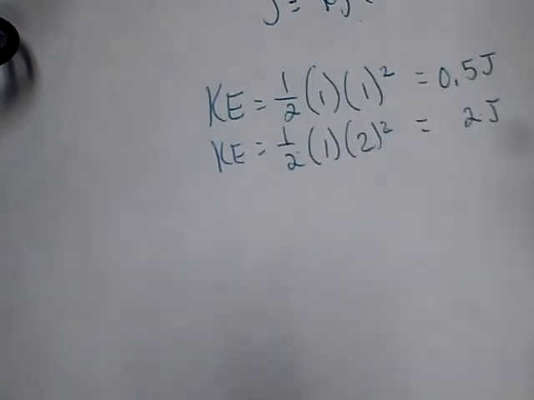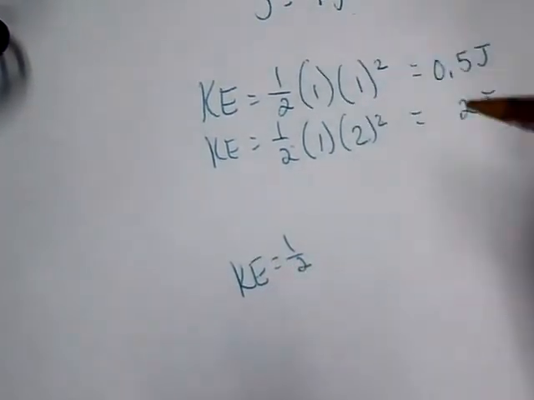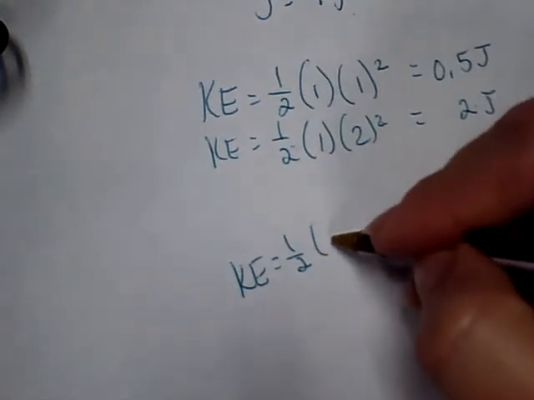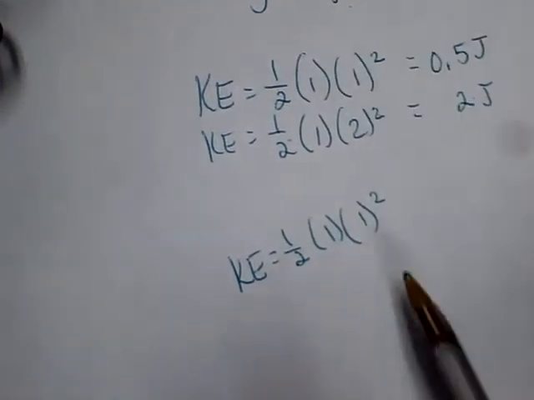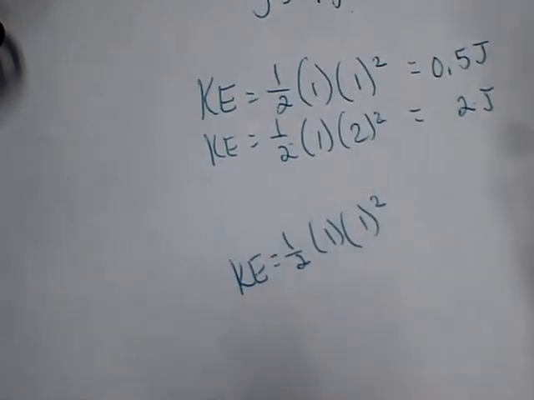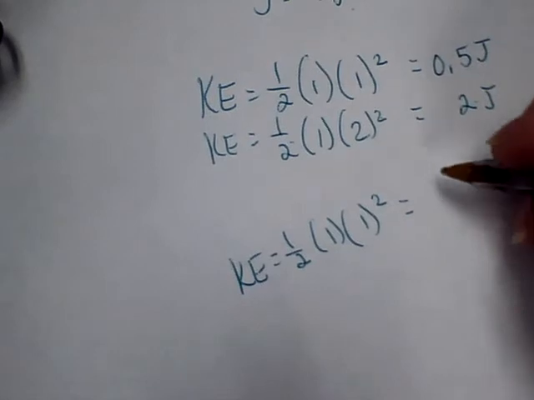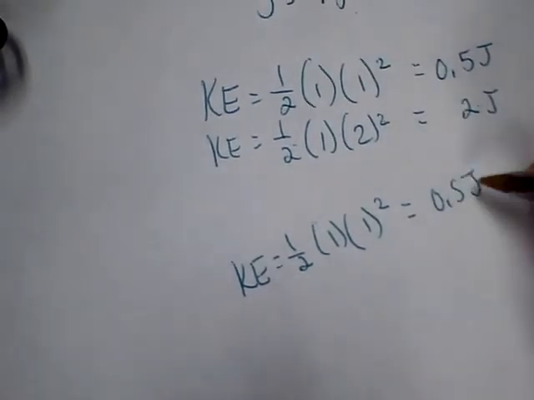On the flip side of that, let's put in 1 for our velocity and change our mass. We're going to keep our velocity at 1 and put mass as 1. We still get the same answer as a while ago, which is 0.5 joule.